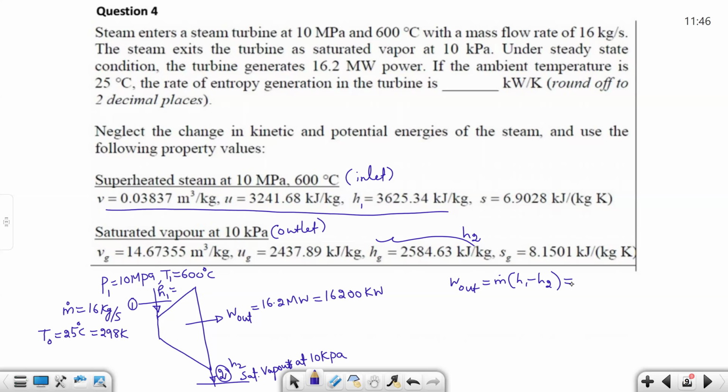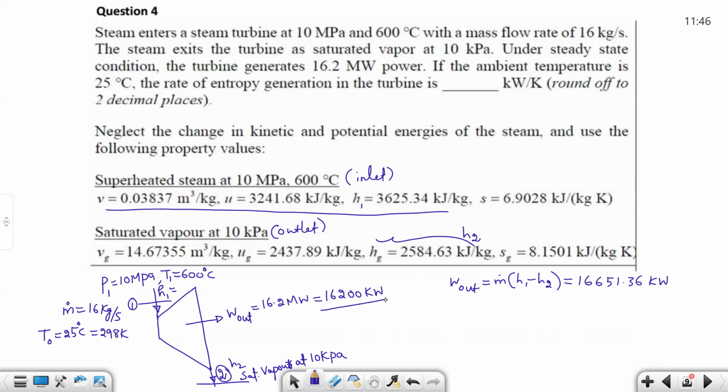So how much you are getting is 16,651.36 kilowatt. This is what you are getting. So what is the work output? This is the work output.